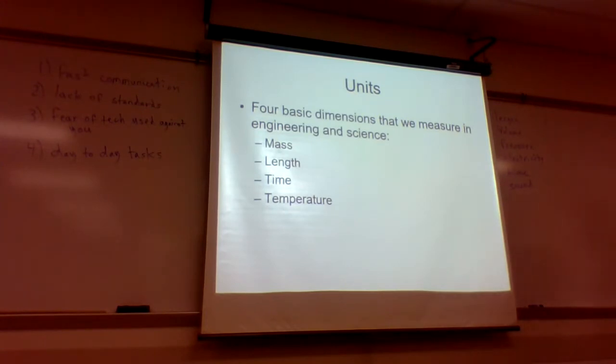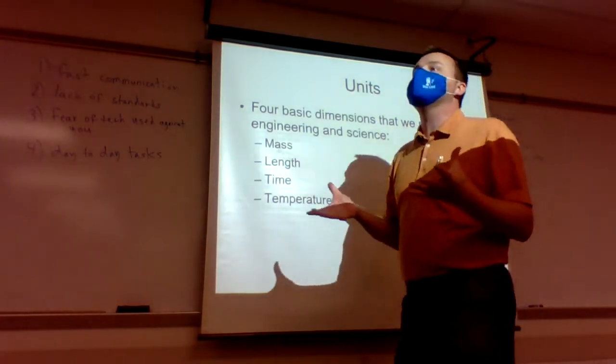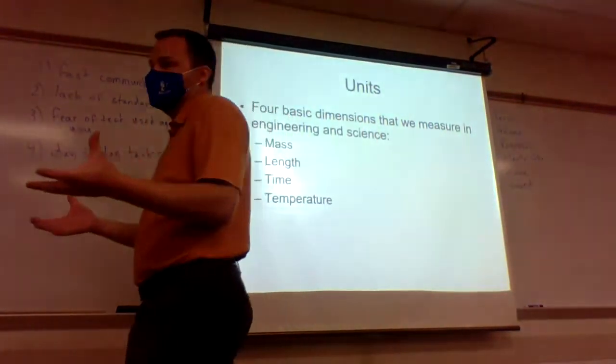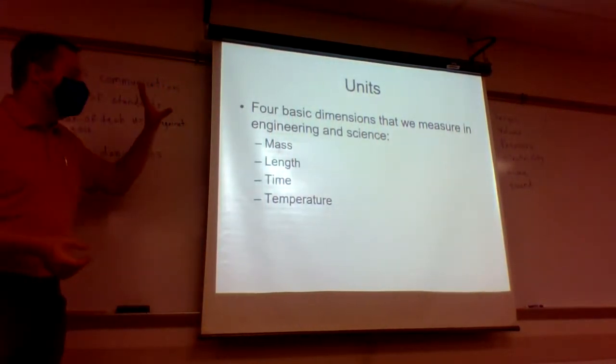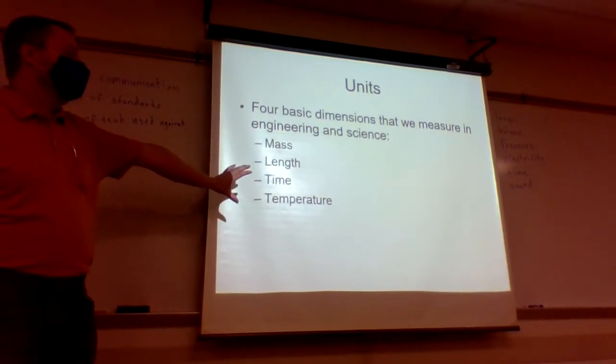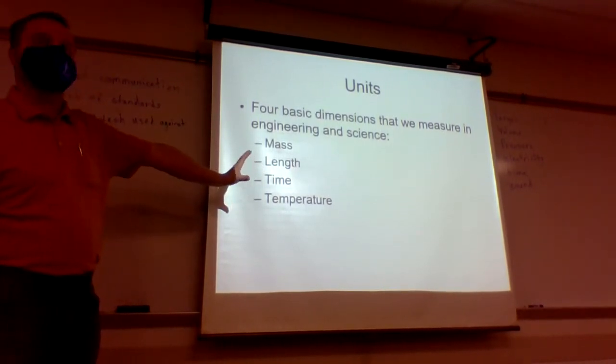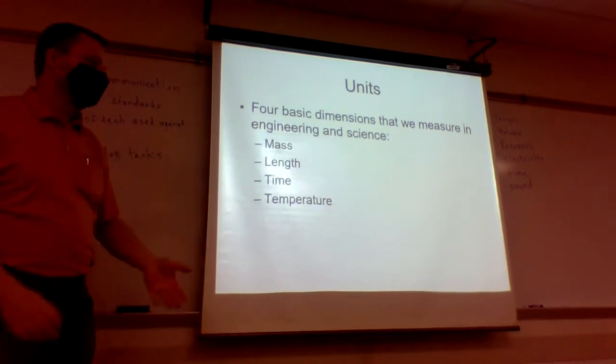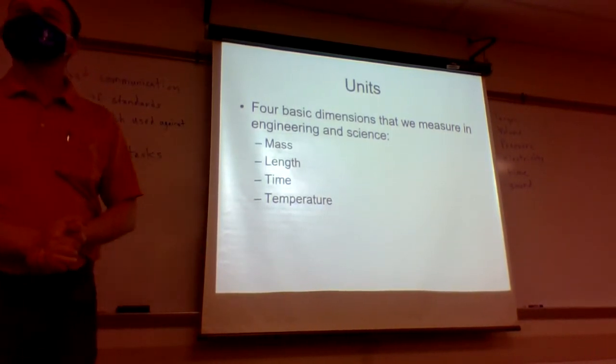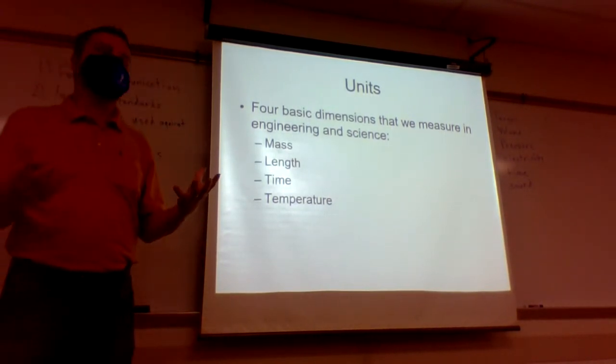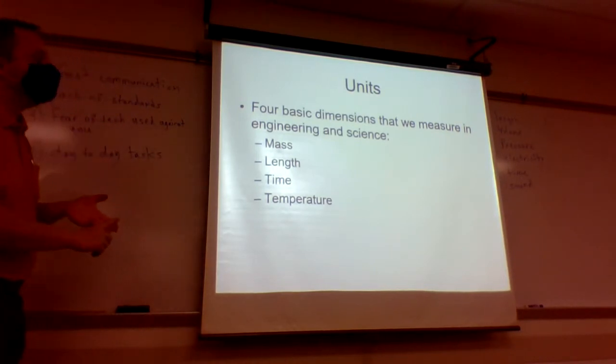So a lot of times in science we refer to 7 base dimensions. And these are the 4 that we really worry about, everybody but those going into electricity. These are the 4 that we worry about in most of engineering and physics, especially at the beginning. Mass, length, and time.